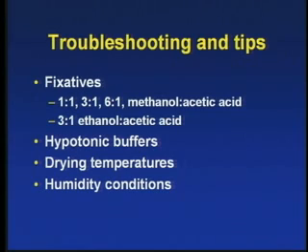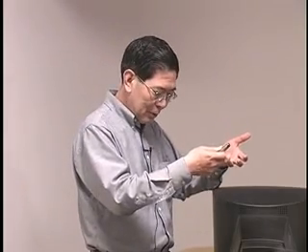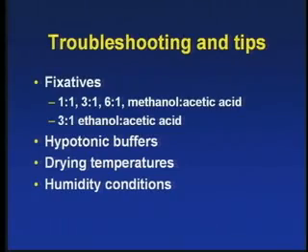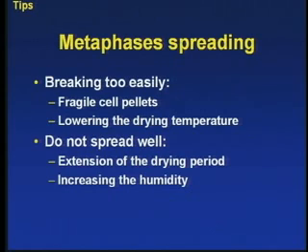That's why you can change this ratio. Also, switching between methanol and ethanol can change the evaporation rate. The evaporation rate will determine how well your chromosome spreading is going to turn out. Hypertonic buffers, like we discussed before, will determine whether you have enough of this destructive force to make the chromosomes spread out. And we'll talk more about these two factors.